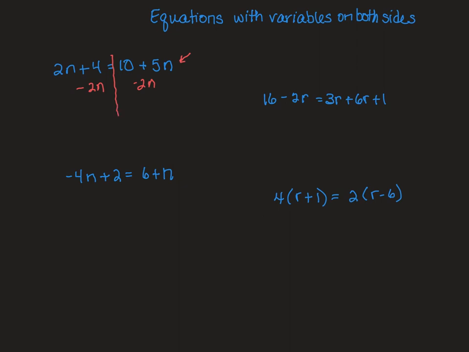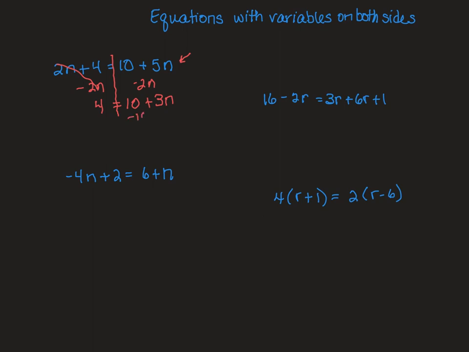Okay, so positive 2n minus 2n is going to be 0. And so on this side, I have 4 equals 10 plus 3n. And now I have a two-step equation. I know what my variable side is. I want to get rid of that 10.